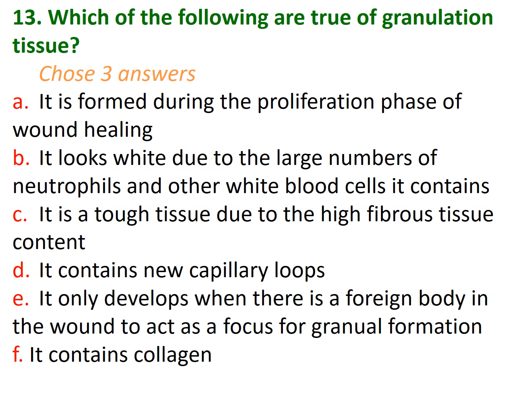The formation of granulation tissue as a healing intermediate sort of tissue is very important, especially in wounds healing by secondary intention. So this question is about the nature of granulation tissue. So you might remember the stages of the wound healing process.